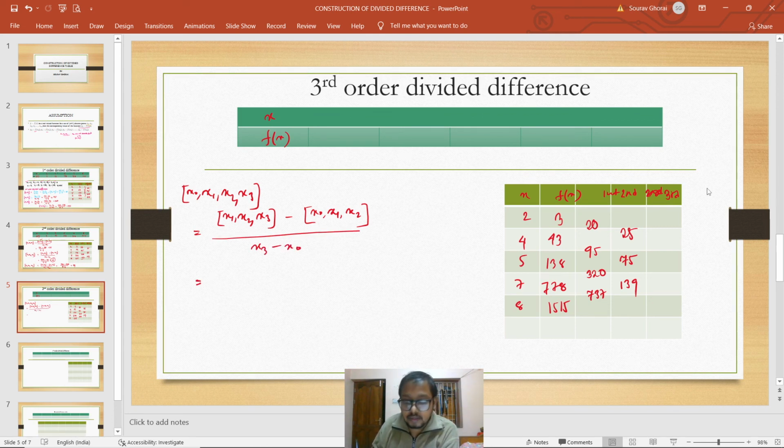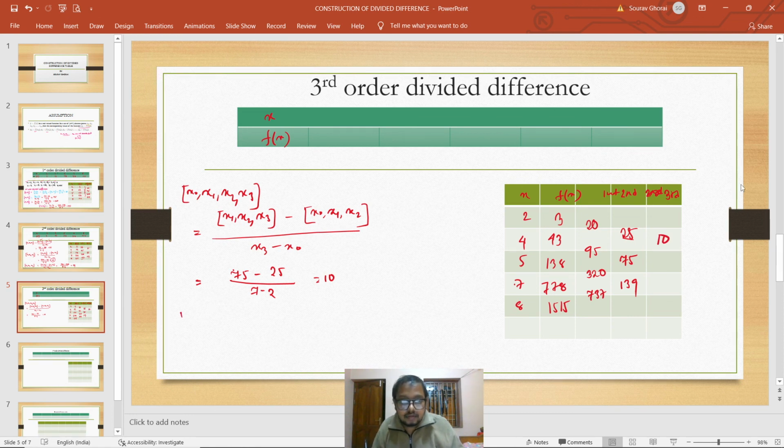So what is the value of [x1, x2, x3]? The value is 75 minus [x0, x1, x2], the value is 25, and x3 minus x0, that means 7 minus 2. So it will be 10. So here you have to write 10.